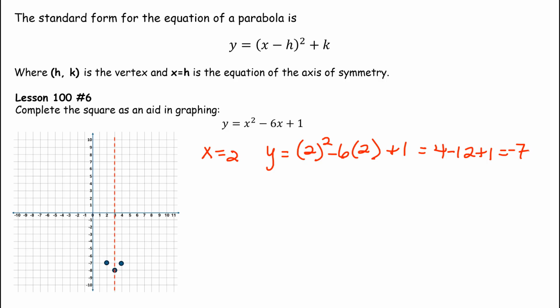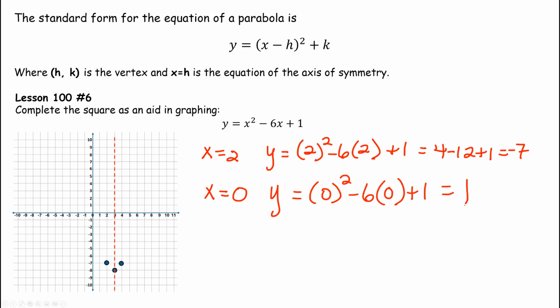So I'm going to try another point. I'll try x equals 0. So if x equals 0, I'll have y equals 0 squared minus 6 times 0 plus 1, which is 1. So I know the point (0, 1) is going to be on this parabola. And since the parabola is symmetric and that point is 3 units away from the red line, there's going to be another point just like it, 3 units away on the other side.